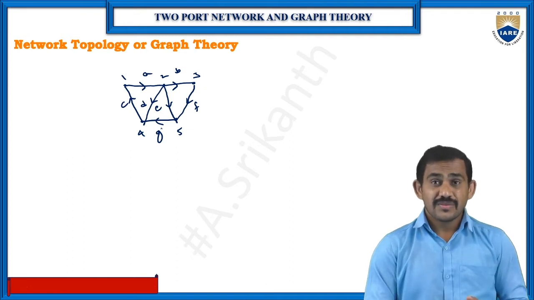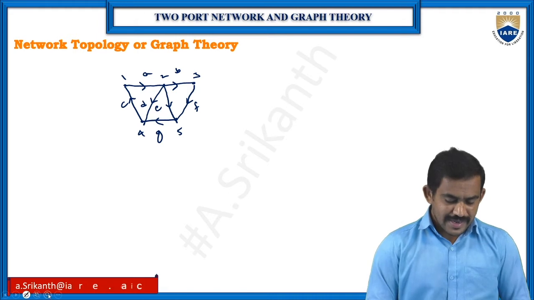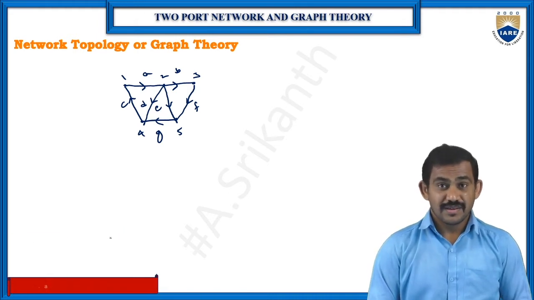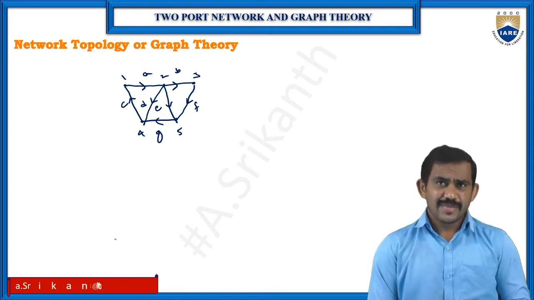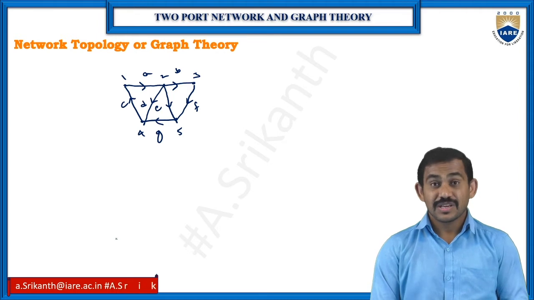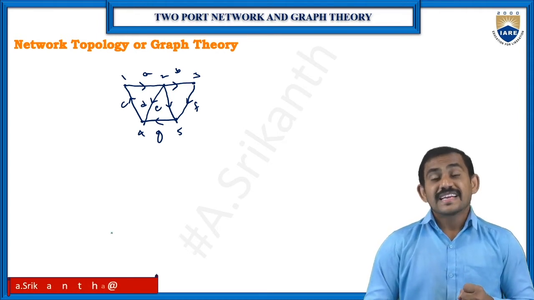Now for this graph, I want to write the B matrix as well as the C matrix. For the A matrix, the directed graph is enough, but for the B and C matrix we require the virginal graph. Virginal graph means it contains co-tree and trees.